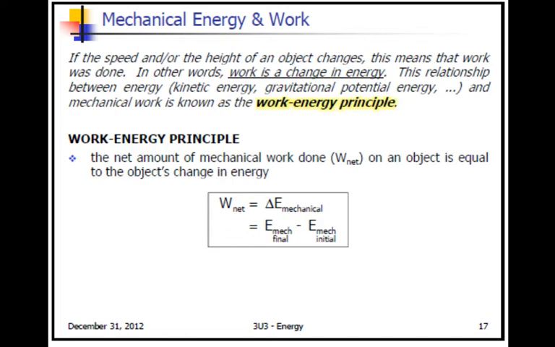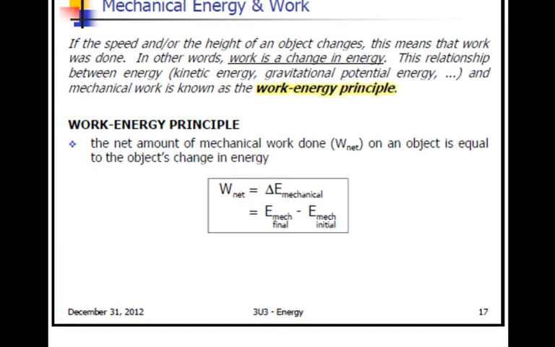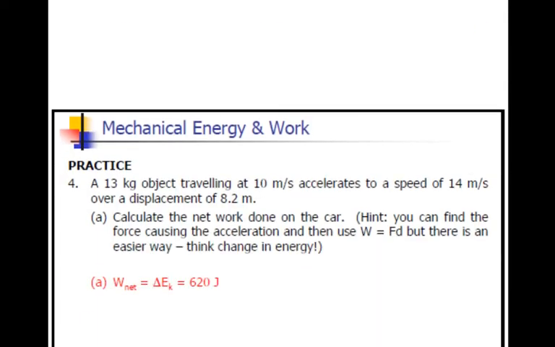That's the work-energy principle, and it's written there algebraically. The net work done is equal to the change in mechanical energy. So you can also find it as the mechanical energy final minus the mechanical energy initial is equal to the work.